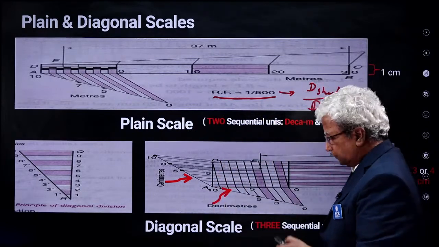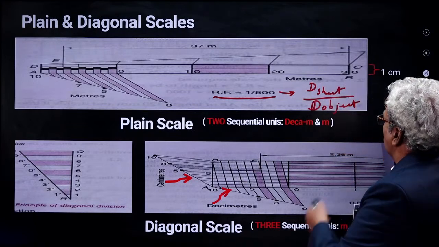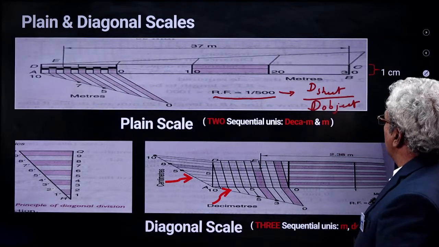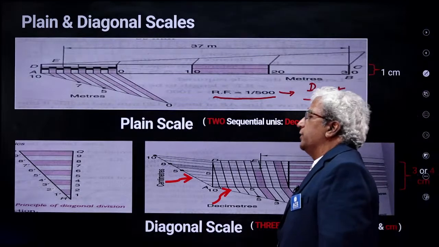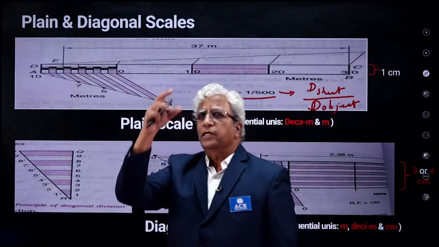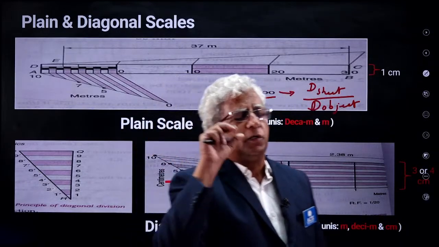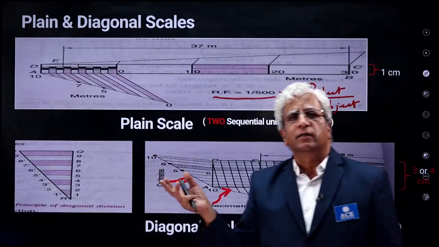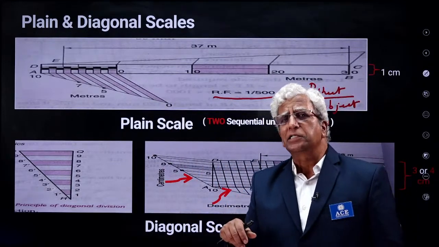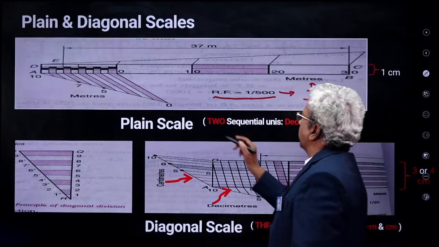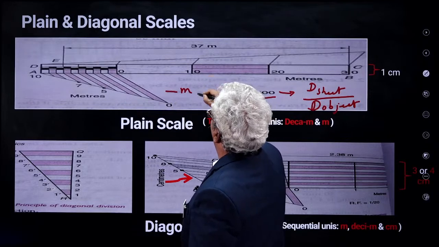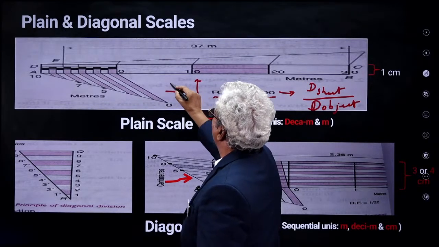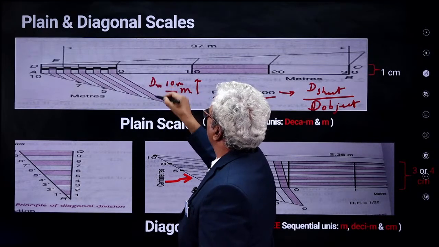Okay? So, plane scale, there will be 2 sequential units. That is the importance of the plane scale. Sequential units, one next to the other. For that you need the knowledge of the units. What are the units in our metric system? Meter in the middle if you take, if you go up, 10 meters is 1 decameter.